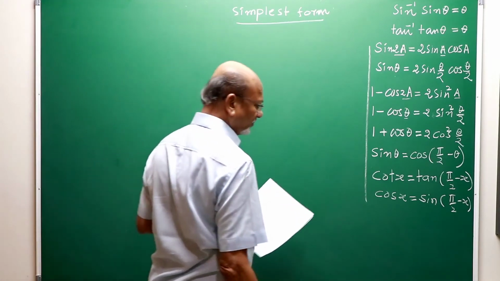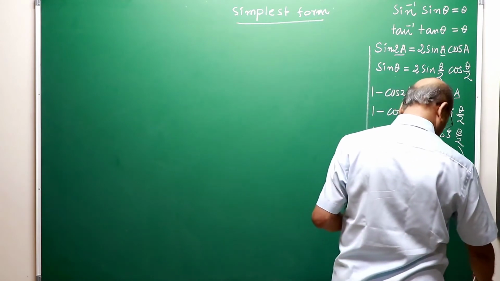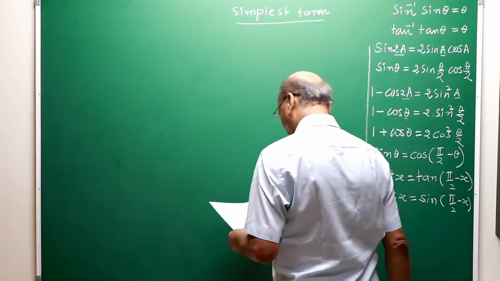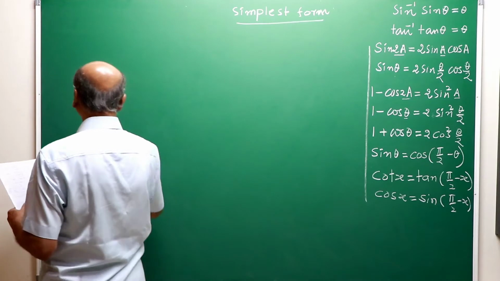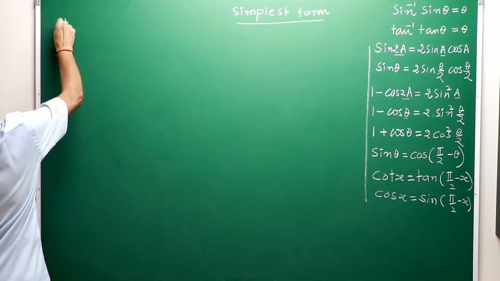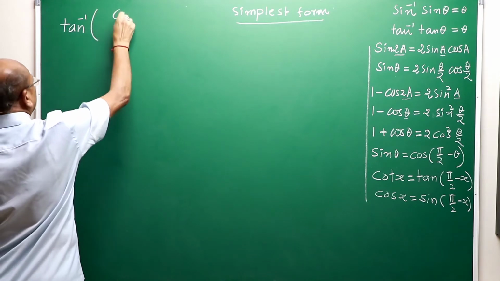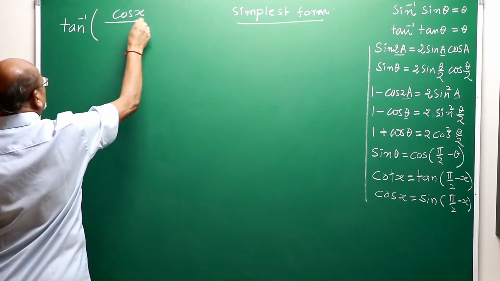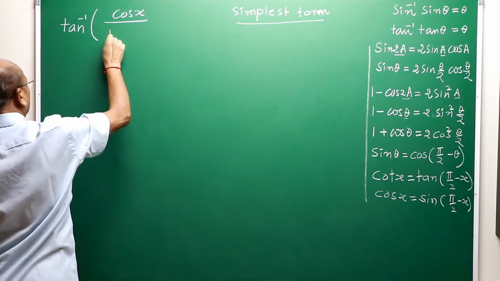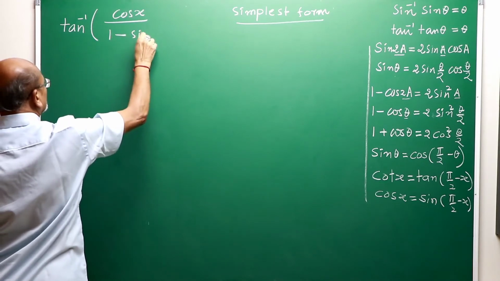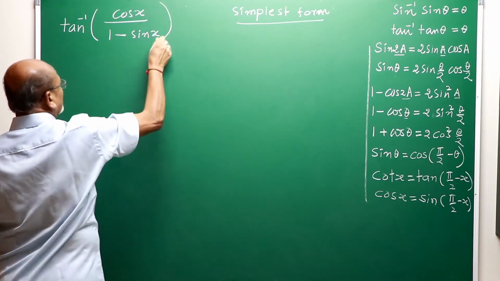This is tan inverse of cos x upon 1 minus sin x.